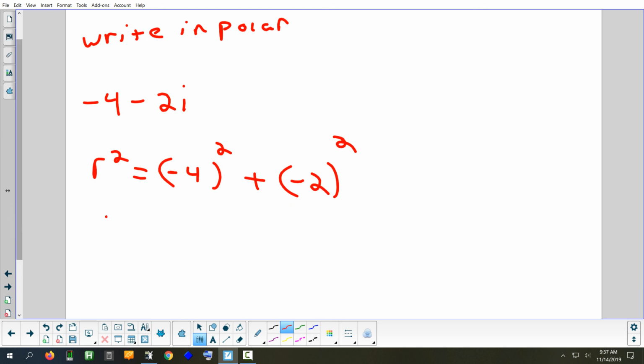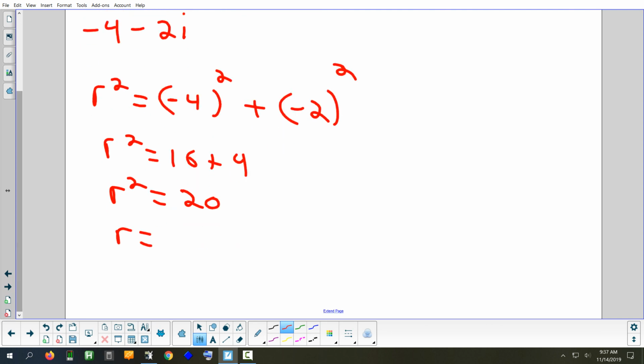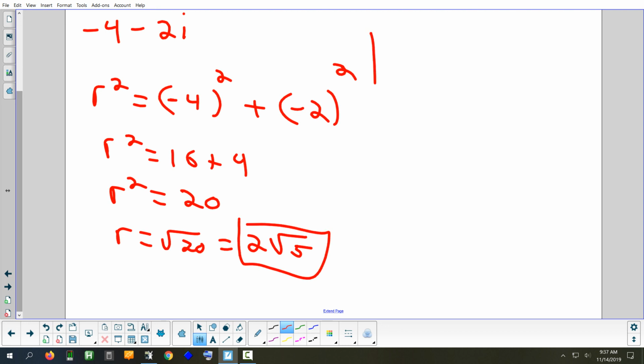No letters. What's -4 squared? Doesn't matter. 16. -2 squared. 4. Actually, this is a good one because watch what happens here. We get 20. R is the square root of 20. But what is the square root of 20 if we simplify it? 2 square roots of 5. That could happen. Didn't happen in the last problem, but it did happen here. So there's your radius. Done with that.